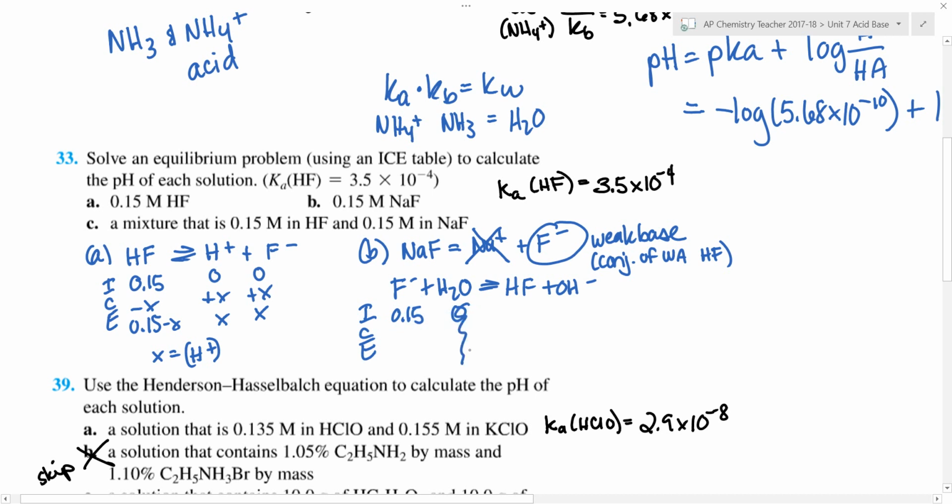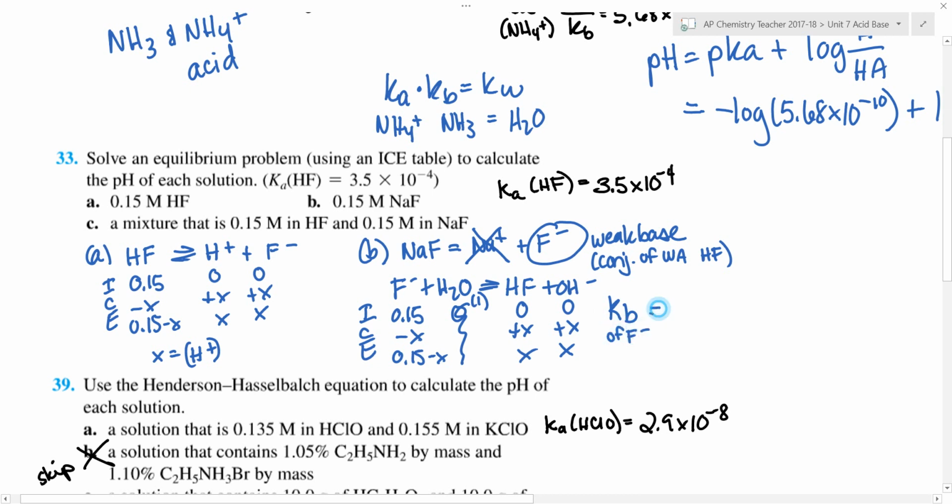Then we can set up a nice chart and say, this is 0.15 molar F minus. I'm going to ignore water because it's a liquid, so I leave it out of my K expression. I'm going to use up some F minus and make some product: 0.15 minus X, X, X. I need to notice that this is a base reaction, so I need to use the Kb value of F minus.